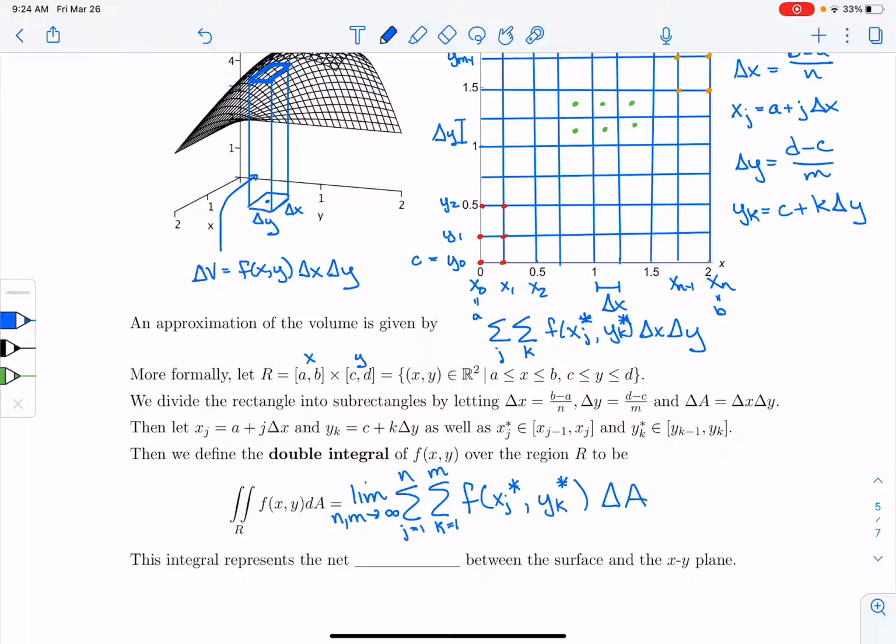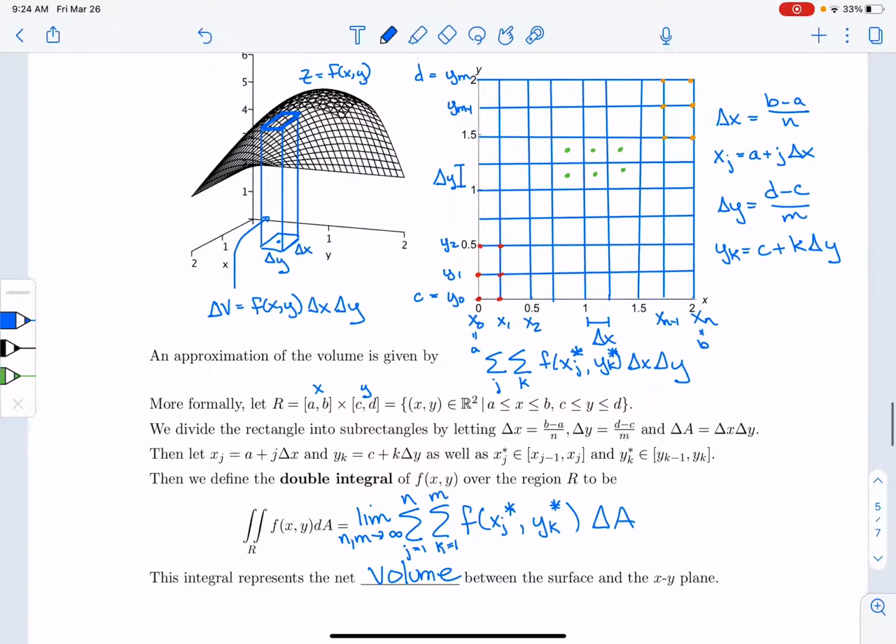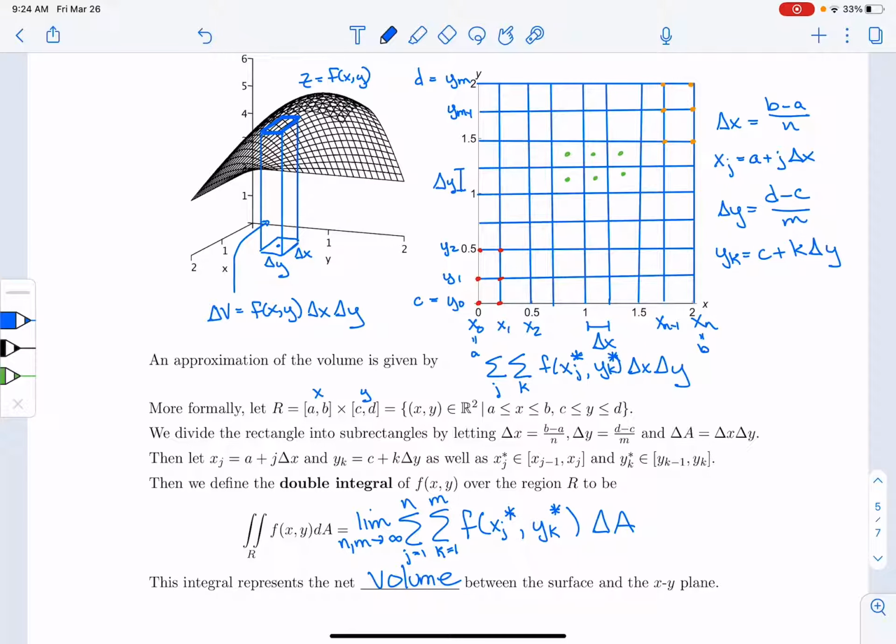So the integral represents the net volume between the surface and the xy plane. That is the definition of the double integral, which, if you remember the definition of a single integral, is very similar, except that instead of finding the area under the curve, we're finding the volume under the surface.